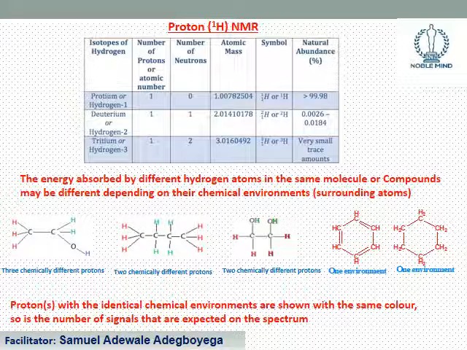Let's check structure 3. If you observe very well, check the carbons, the carbon that carries the hydrogen. You will take each carbon one after the other. Take each carbon, look at the carbon attached to it. How many hydrogen atoms does it carry?